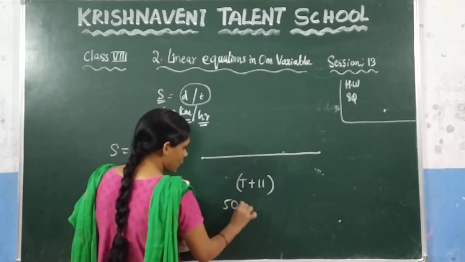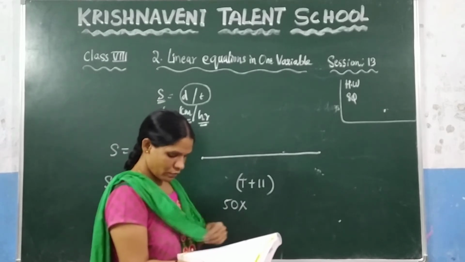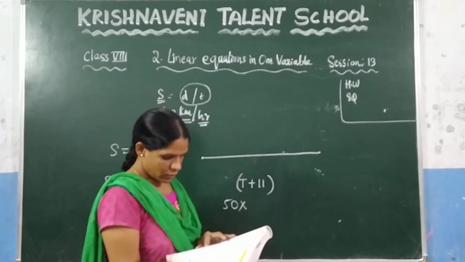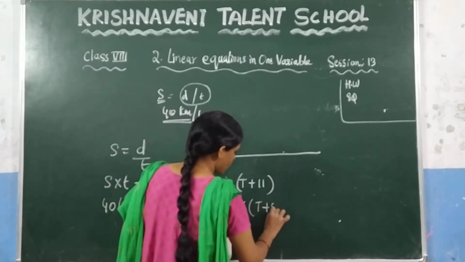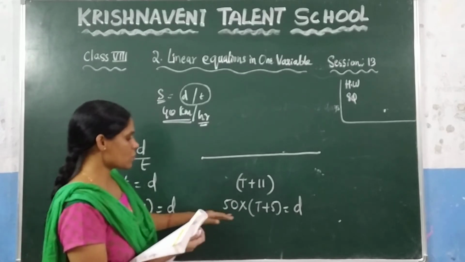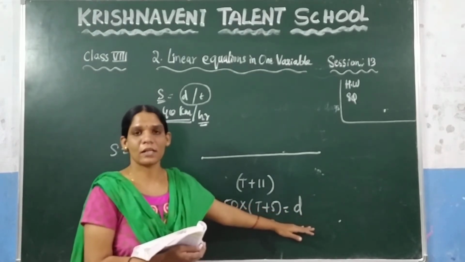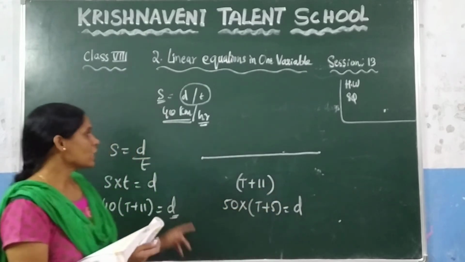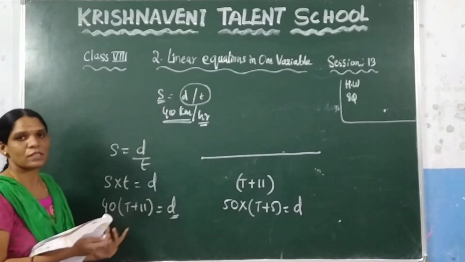That means if the speed is 50, how much the train is late, which is given as 5 minutes. So here the actual time is t plus 5. So this will be the actual distance. If you take the speed as 50 kilometers per hour, this is the actual distance that the train has to travel. And if the speed is 40 kilometers per hour, this is the actual distance the train has to travel.